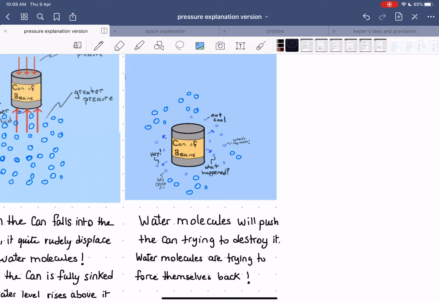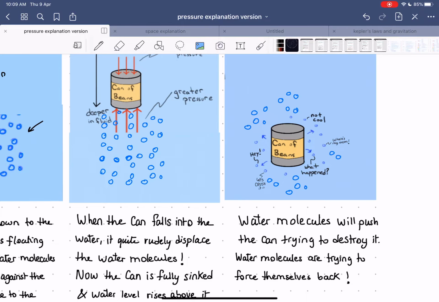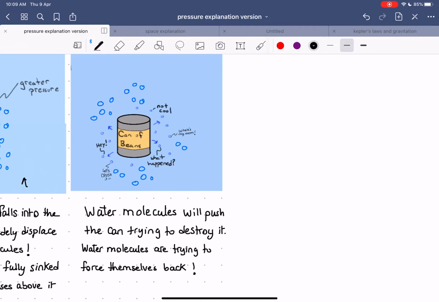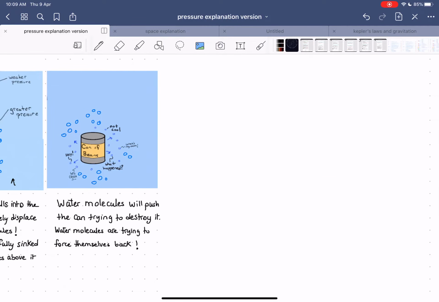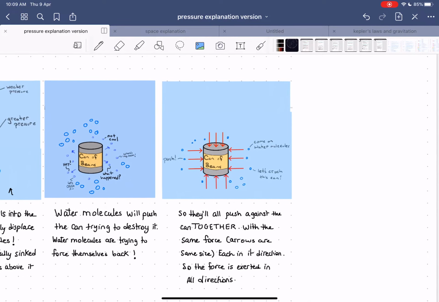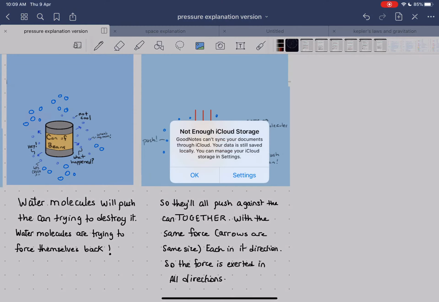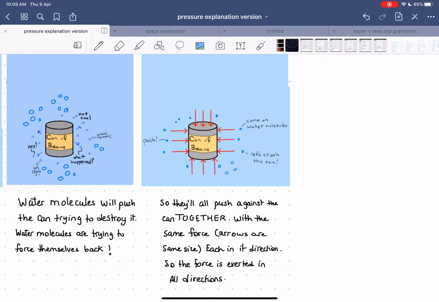And water molecules are trying to force themselves back together like they were in this picture, in this one or this one. So what happens to this can is that all the water molecules are together pushing, exerting the same force, which is represented by the arrows, each in a different direction, and all of them are trying to push on the can in order to destroy it.